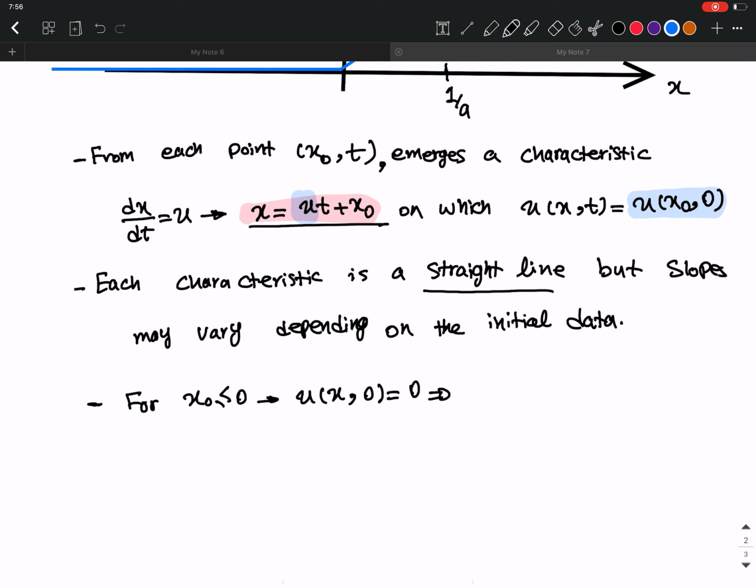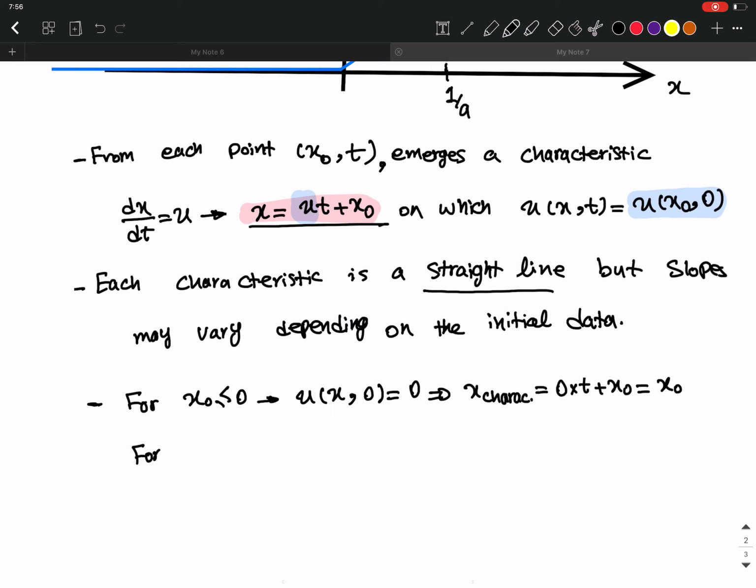So my characteristic, and I showed you this x characteristic, is going to be based on this equation that I have here. It's u t plus x0, and u is 0, so it's 0 times t plus x0, so it's just going to be x0, right?